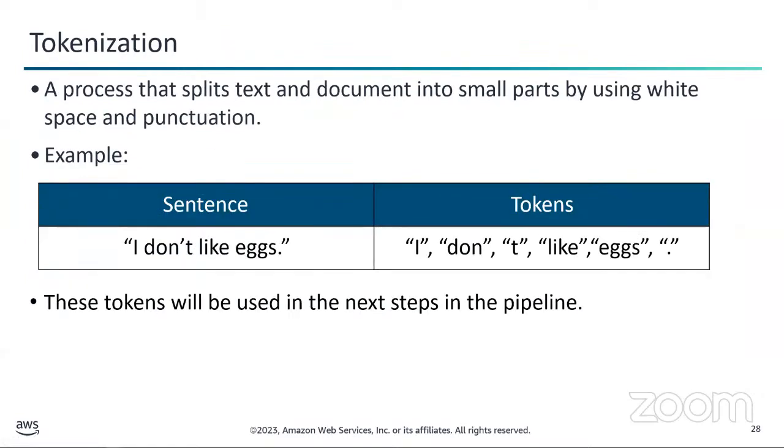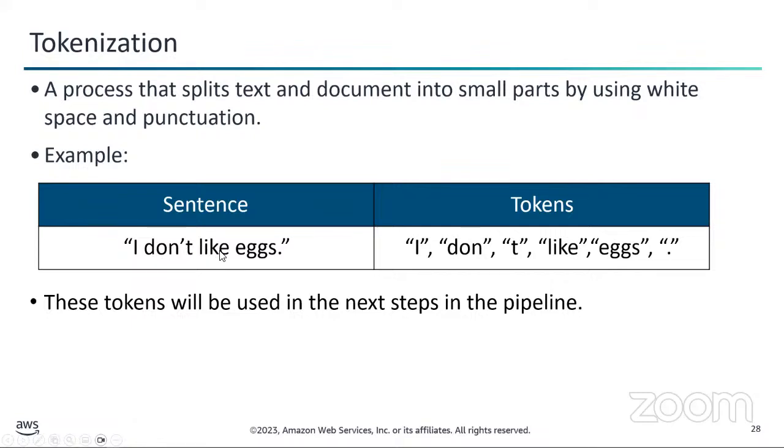Then you do the tokenization, which is a process that splits the text and document into small parts by using white spaces or other punctuation marks. For example, over here it is tokenizing by space. So I and there's a space, so this I is one token. Then DON apostrophe T space, so this is another token.